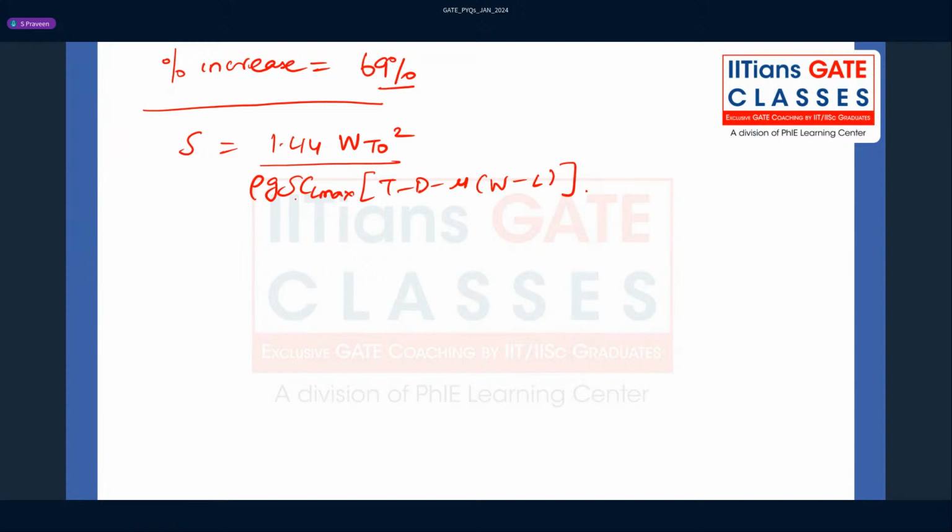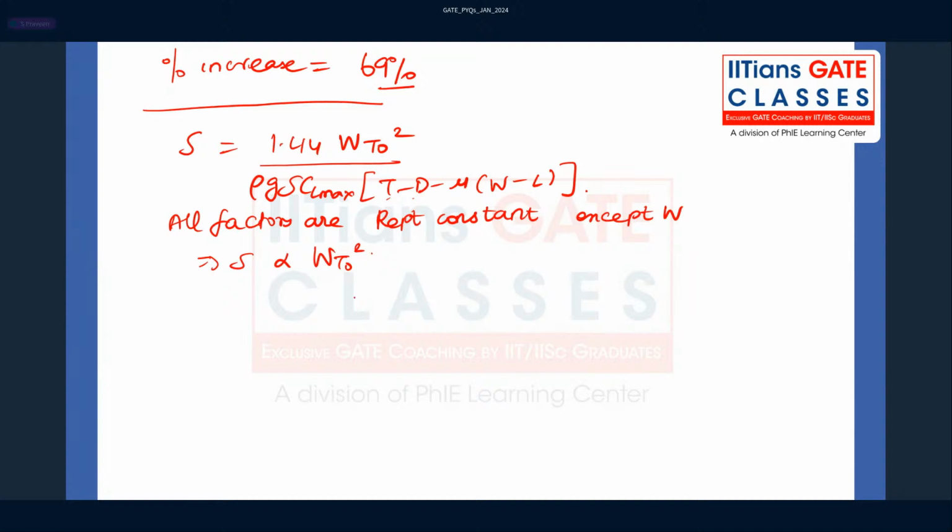Which means all other factors are kept constant: T, D, L, S, C_L, rho, G, everything constant, except W, right? So I can say that S is proportional to W_TO square, correct?